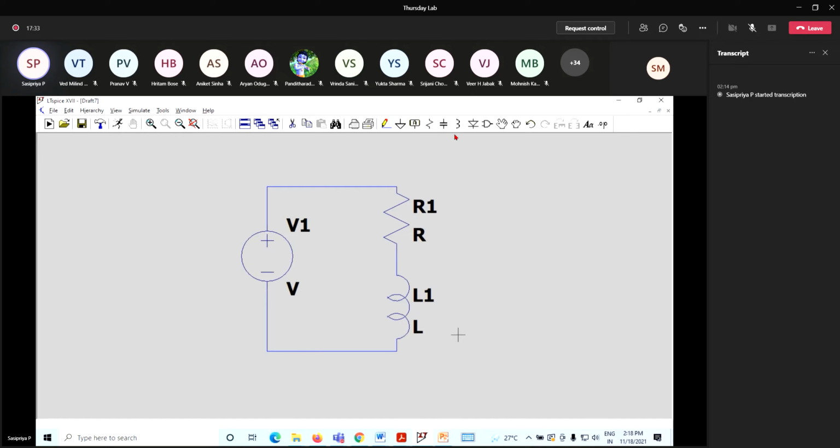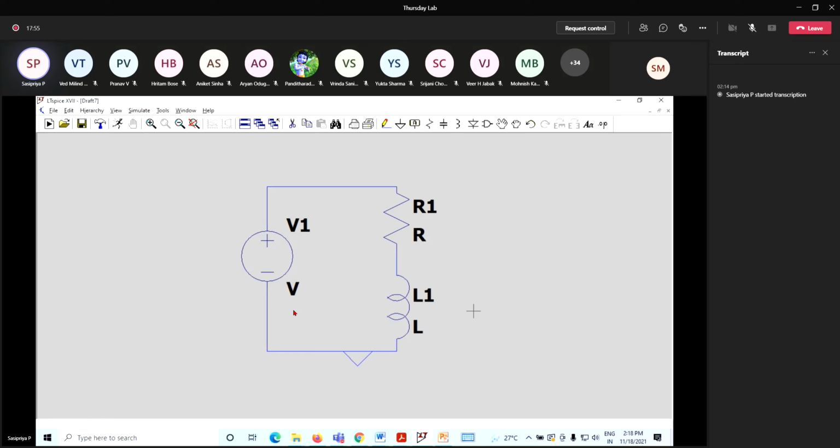This is the inductor and this is the resistor, and I have taken a voltage source and connected the circuit. As usual, the ground or reference node is very important for any circuit, otherwise Spice will not simulate the circuit. Now I have drawn the schematic for a series RL circuit.